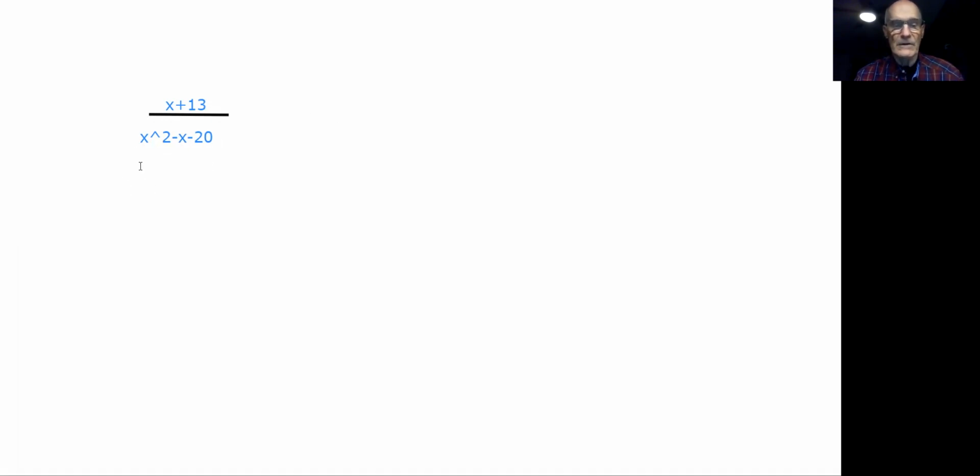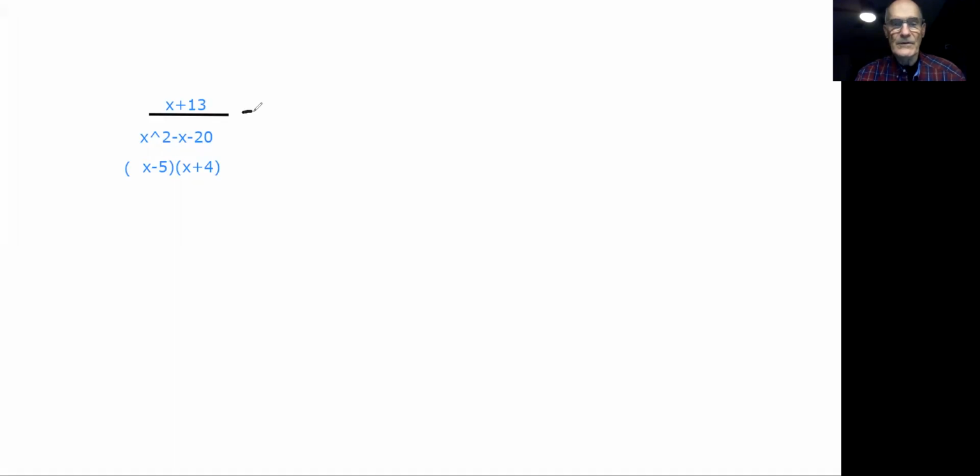And if you look at factoring the denominator, I can factor the x squared minus x minus 20 into x minus 5 times x plus 4. So what I'm going to do is come over here and do this freehand because it looks like it's going to be easier.